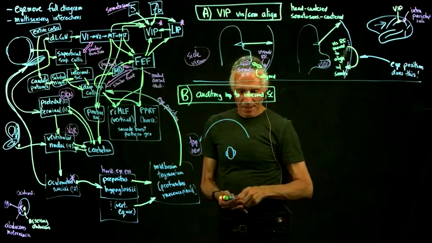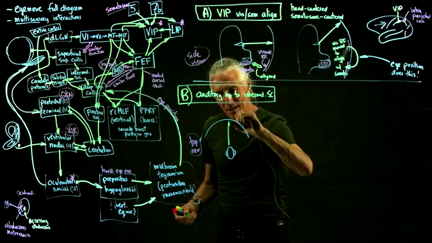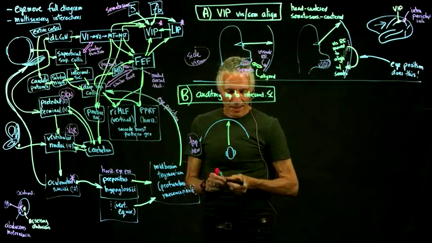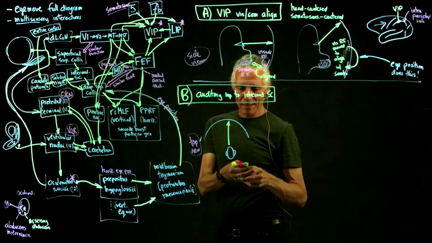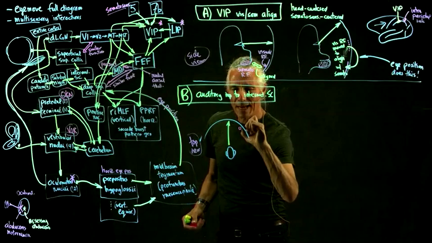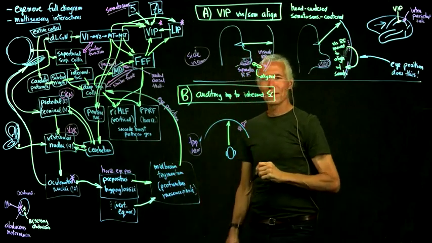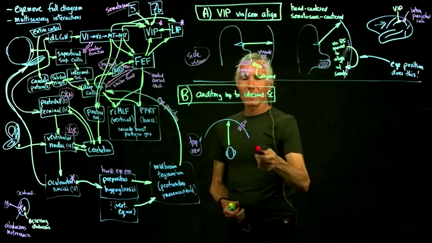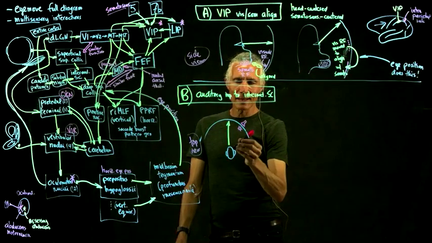In the first condition, the animal's looking straight ahead, and a target comes on. There are two kinds of targets that could come on. You could either put a light on, or this is supposed to be a little loudspeaker. You can put a loudspeaker on there. In the loudspeaker case, we put just a sound there, and the task of the animal is to look at the sound.